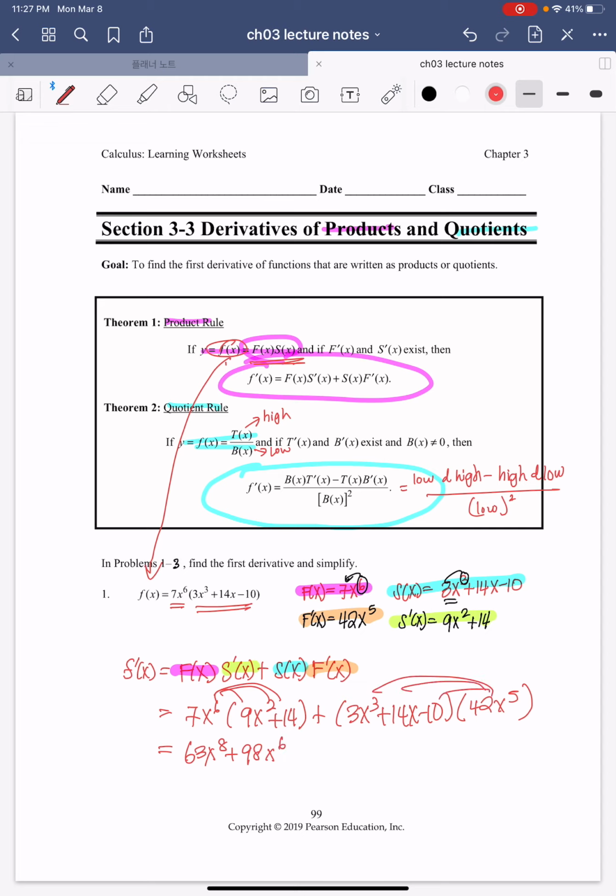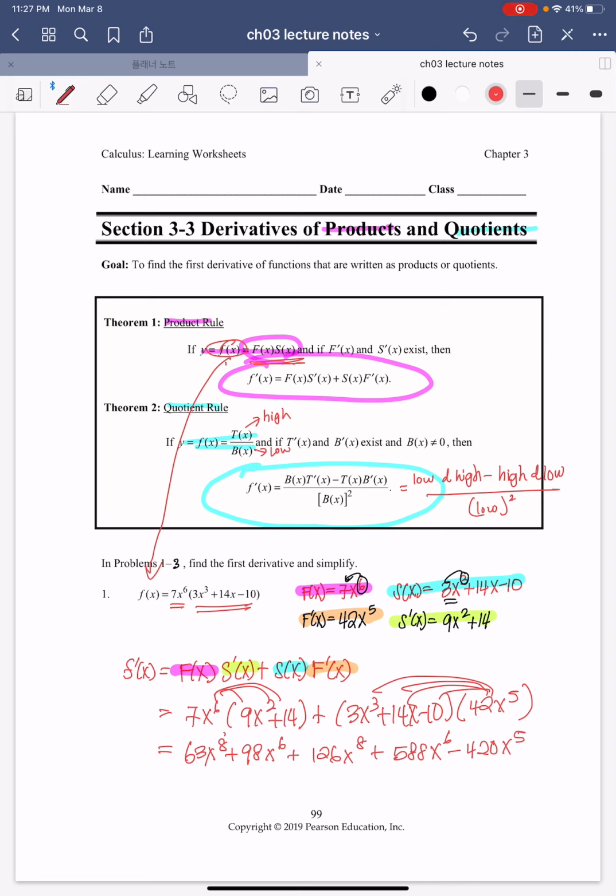Distributing these, I have 42 times 3 gives me 126 x cubed times x to the 5th, which gives me x to the 8th, plus 588 x to the 6th (distributing), minus 420 x to the 5th.